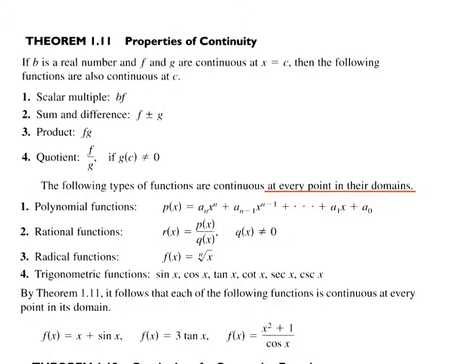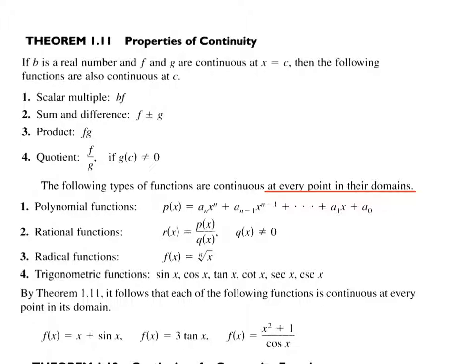The sum and the difference. If you have two continuous functions and you're adding them or subtracting them, that's also going to be continuous. Likewise, multiplication. If we have two continuous functions multiplied together, we know that that product is also going to be continuous. And then the quotient, or division.